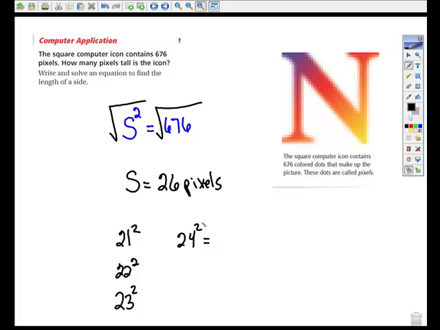However, if I try this 24 squared, it gives me a 576. So you do have to check it. So it's not that. 25 squared ends in a 5. 26 squared could also end in a 6 because 6 times 6 is 36. And this is the winner. 26 squared is 676. So that's how I know that my answer is 26.